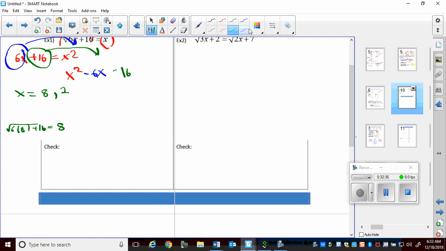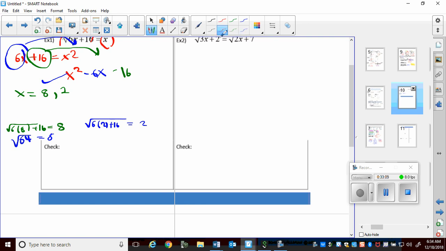Then on the other side, the square root of 6 times 2 plus 16 equals 2. So 48 plus 16 is 64. The square root of 64 equals 8. So the first one checks out.